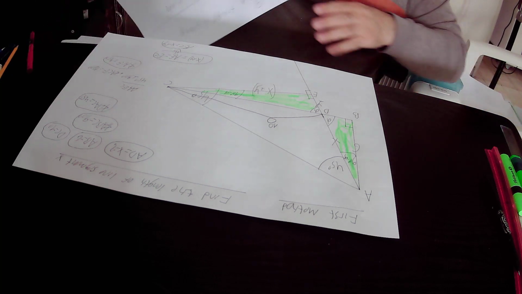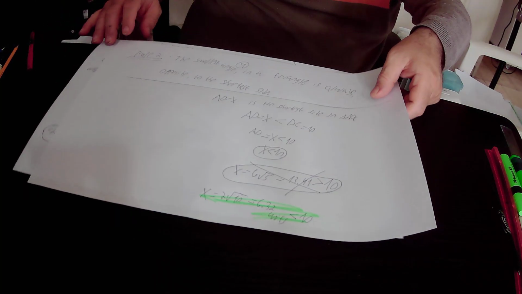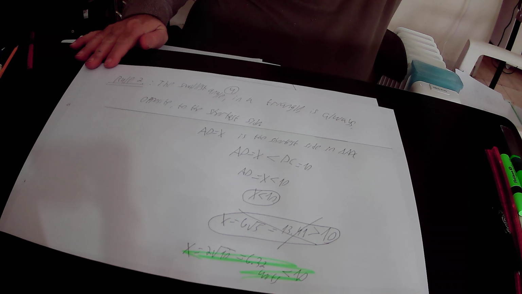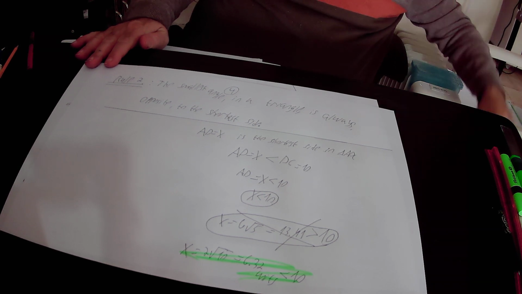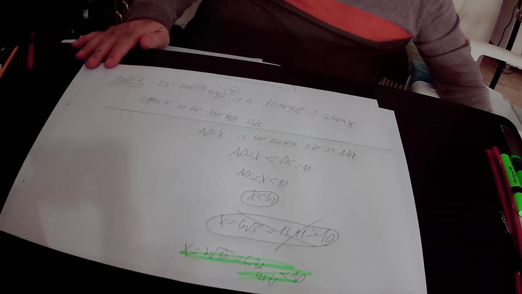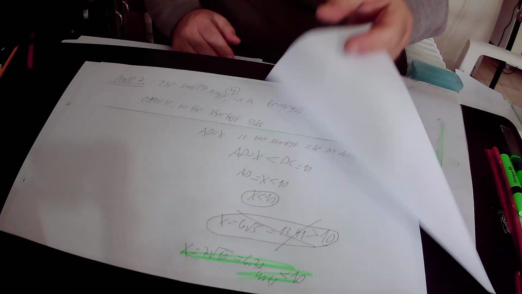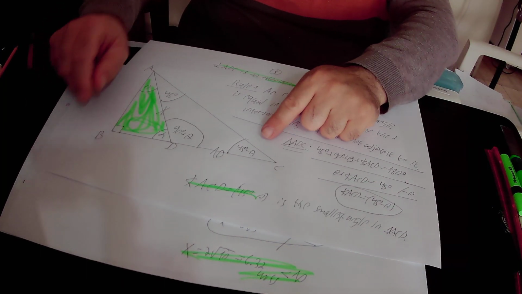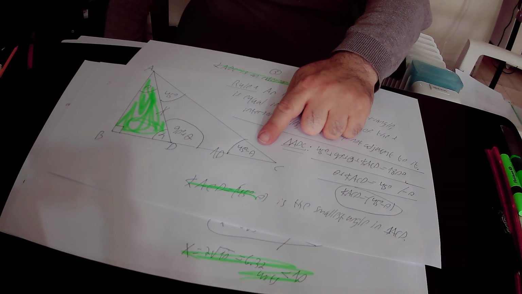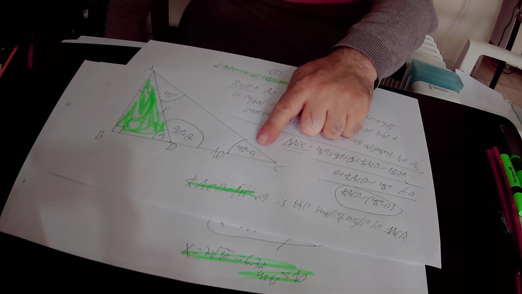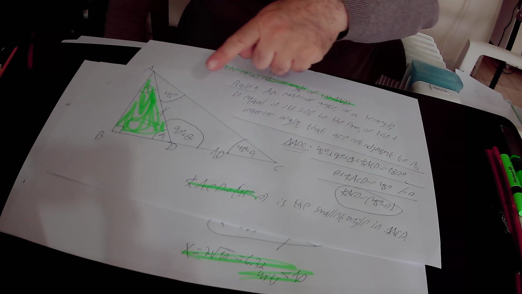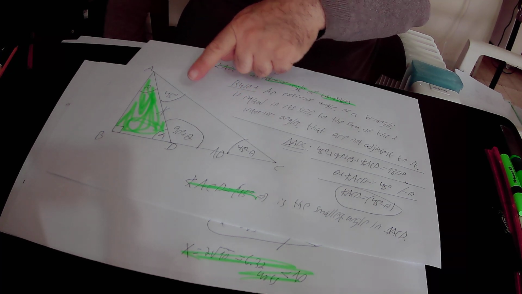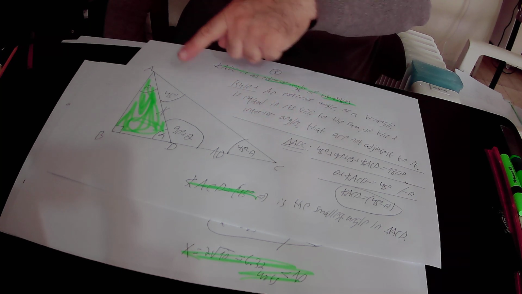Then I presented to you rule number 2. According to rule number 2, the smallest angle in a triangle is always opposite the shortest side. So here we found that angle ACD, equal to 45 degrees minus theta, is the smallest angle, and according to rule number 2, it must be opposite the shortest side.